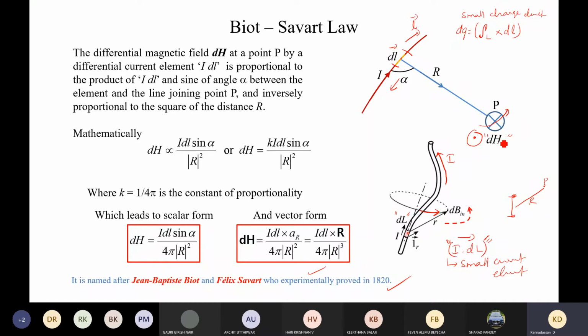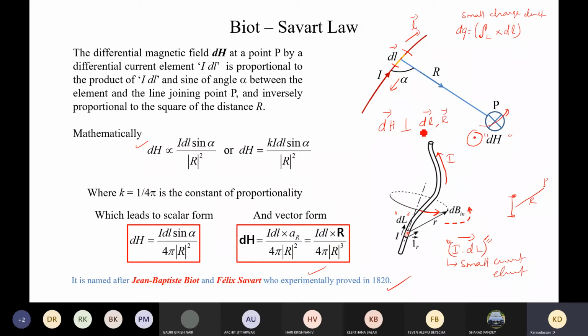And so this dH can be mathematically described like this. It is the dl and this r vector, both multiplied in such a way that we get a vector perpendicular to both dl as well as r. In other words, this dH vector will be perpendicular to both the dl vector and the r vector.